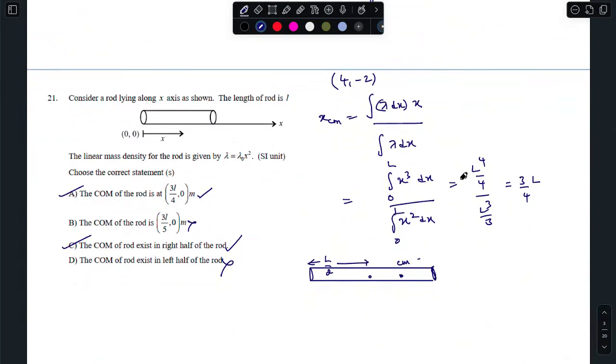Here only. So what you need to do is, for the left hand part, you will get integral x square dx by x dx. So L cube by 3 by L square by 2.